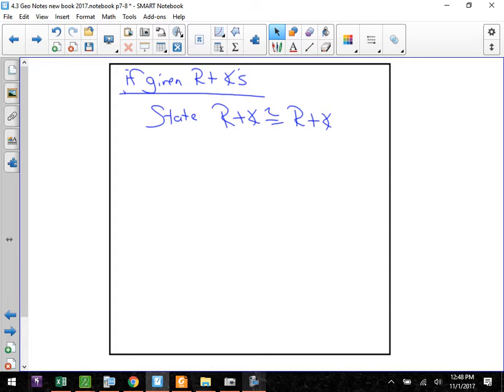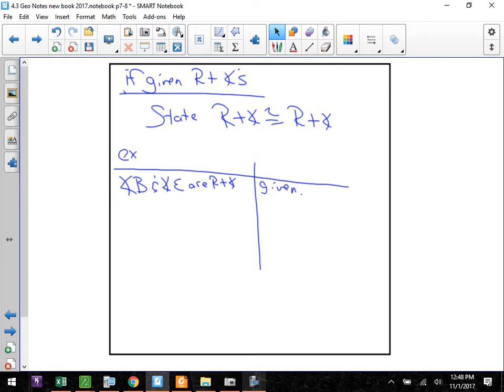Let's show it. Okay. Here's what I'm going to do. Example. Angle B and angle E are right angles. There's my given.